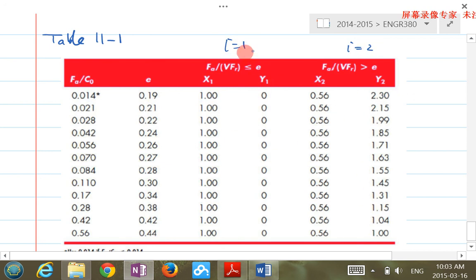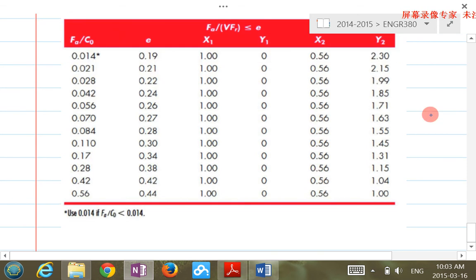That i equals 1 or 2 depends on the comparison between this and this. Now, e depends on the ratio Fa over C0. So e is a function of Fa over C0, and for different ratios of Fa over C0, you get an e value here.